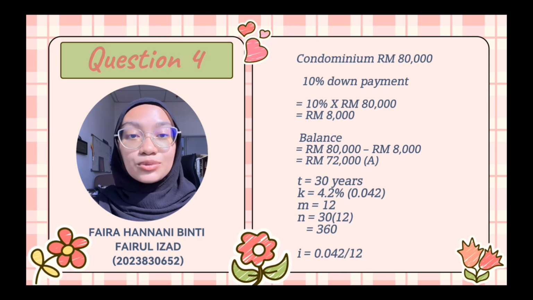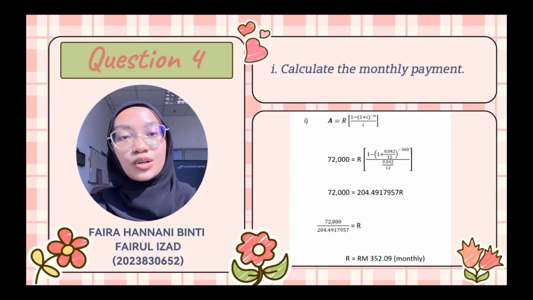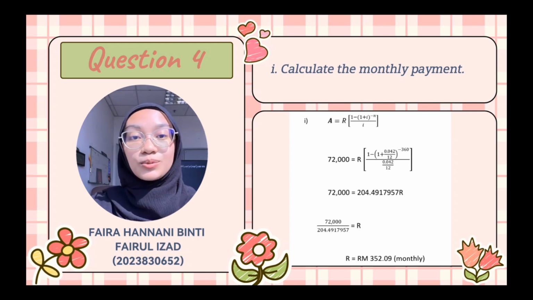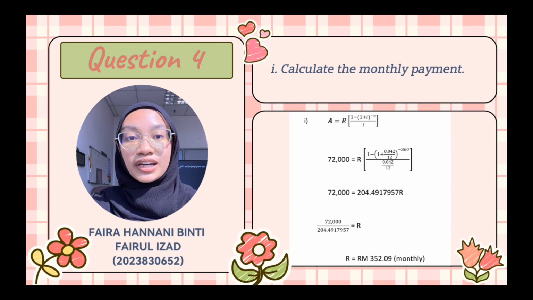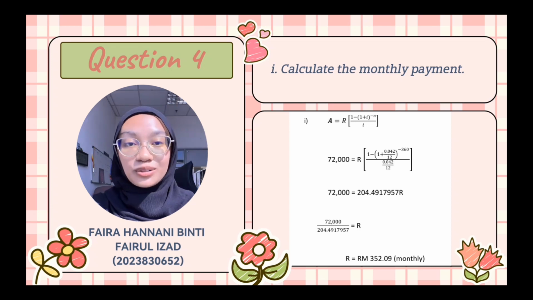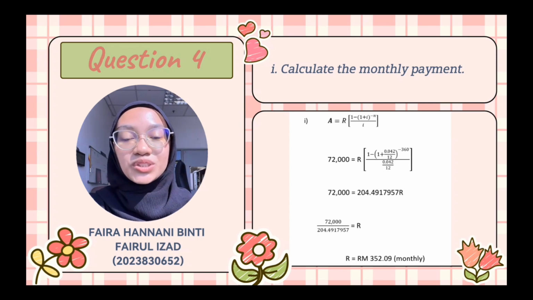Now, 72,000 ringgit will be labelled as A. To answer the first question, we will be using the annuity formula, which is A equals R open bracket 1 minus open bracket 1 plus i close bracket to the power of negative n over i close bracket. Since we already know the formula, all we need to do is substitute all the information from above into the equation, and we will get R equals 352 ringgit and 9 cents per month.